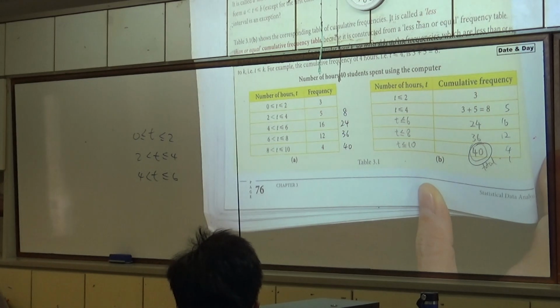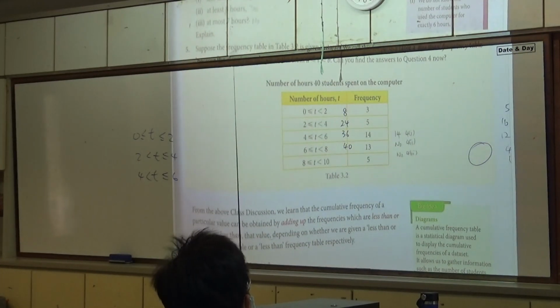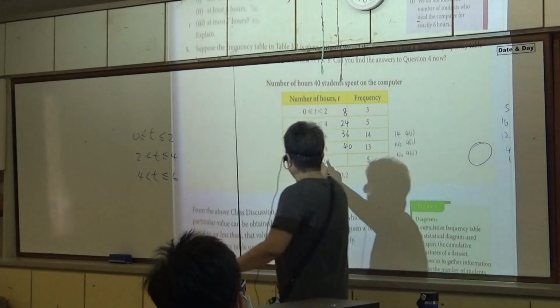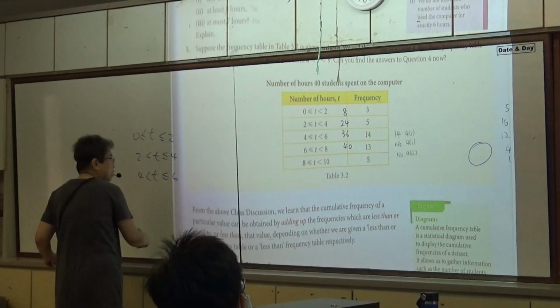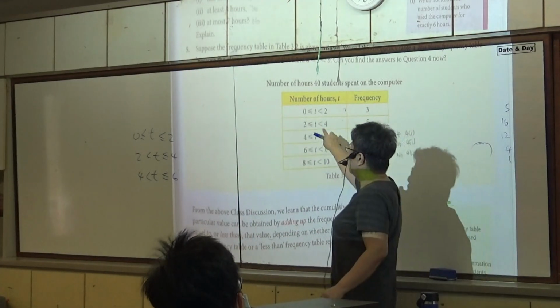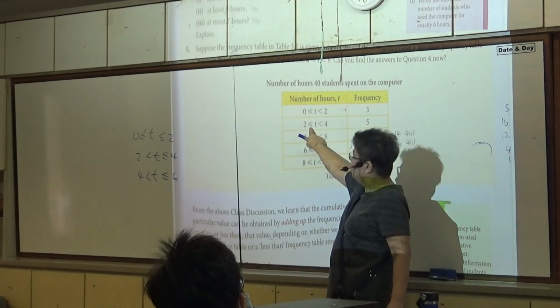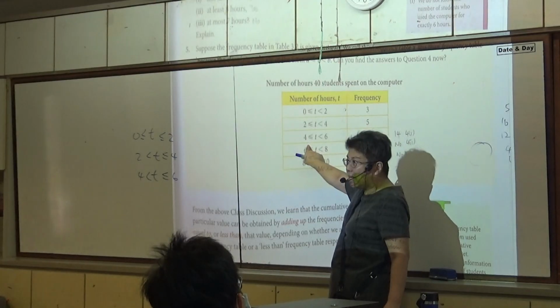Can you look at the next page? Look at this one. Can you tell me what's the difference between this and this? Can you see this one? The 2 is included in the next class instead. This 4 is included in the next class instead.